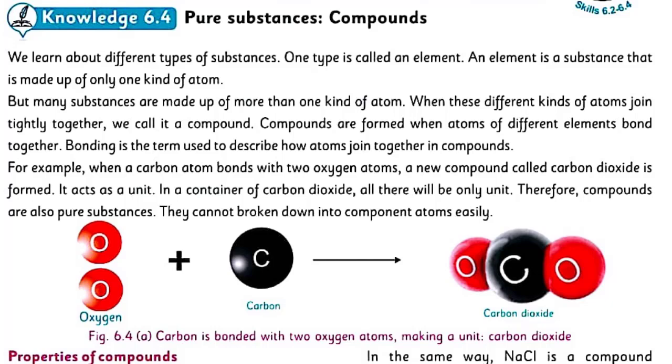It acts as a unit. In a container of carbon dioxide, there will be only one unit. Therefore, compounds are also pure substances. They cannot be broken down into component atoms easily.